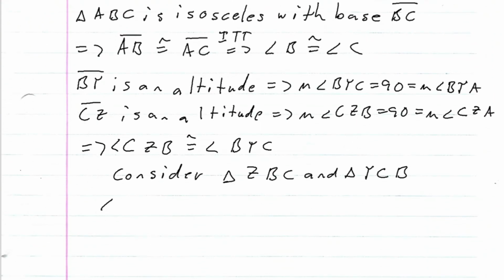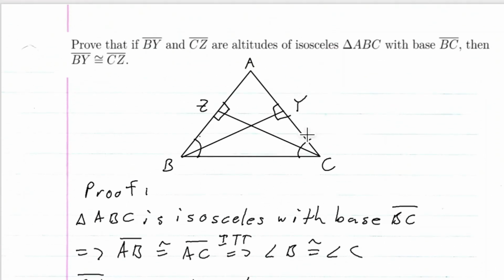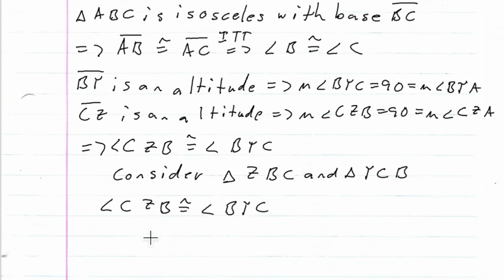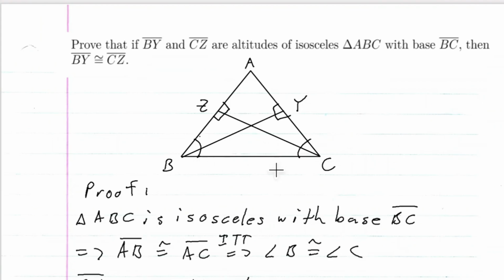So angle CZB is congruent to angle BYC. We know that angle B is congruent to angle C. And we know that BC is congruent to BC.